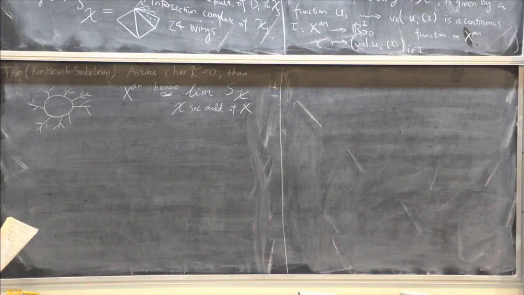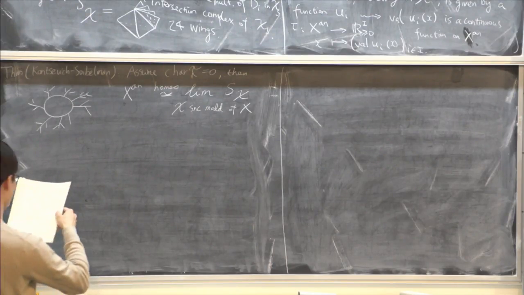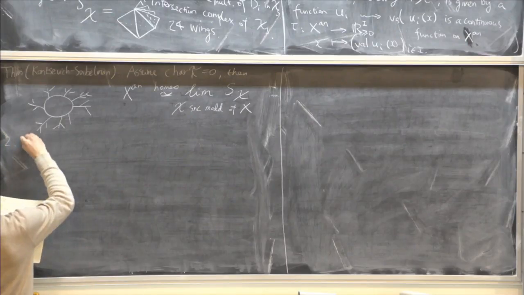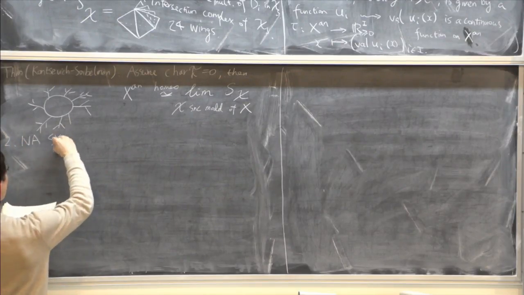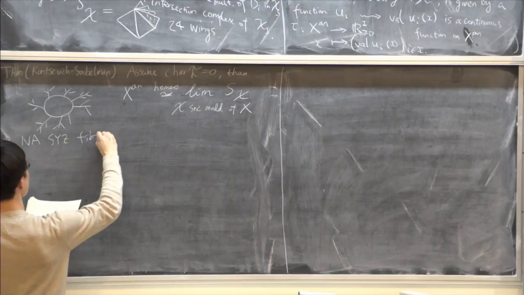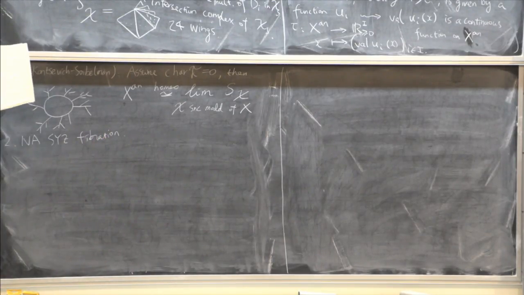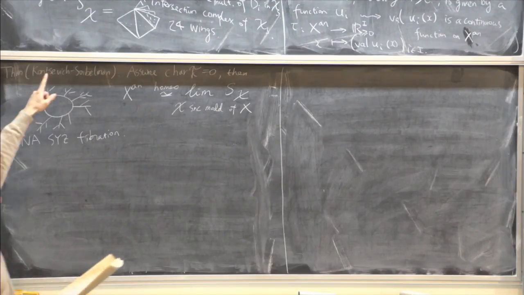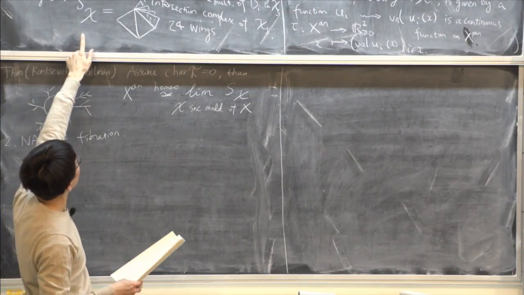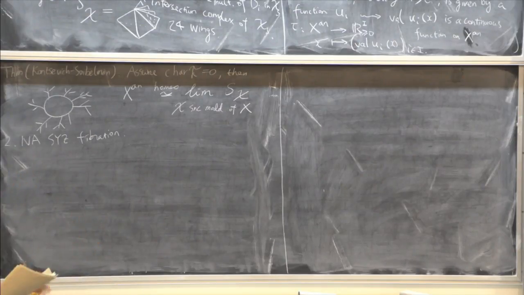Up to now, my talk has nothing to do with Calabi-Yau, and now we will introduce the Calabi-Yau condition. So the second part: non-Archimedean SYZ fibration. The Clemens polytope, by definition, depends on the choice of the model X. But when X is Calabi-Yau, we can get a canonical subcomplex of this Clemens polytope which doesn't depend on the choice.